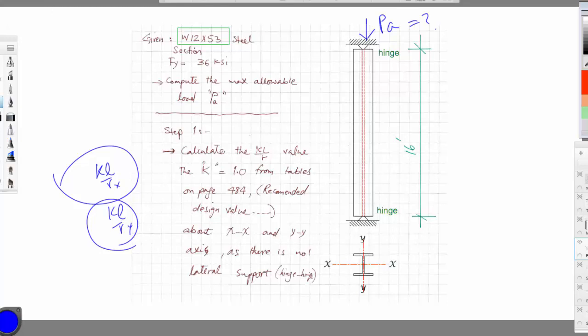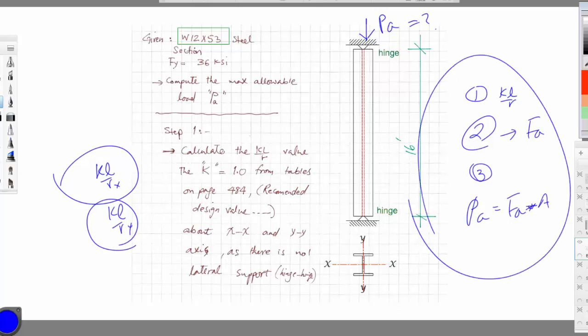So let's break this down. Step one is to calculate the KL over R, X and Y. Second step, once you get the value of KL over R, you should be able to get the value of FA from the table. Third, you just apply this equation, PA is equal to FA multiplied by the cross-sectional area. These are three straightforward steps.